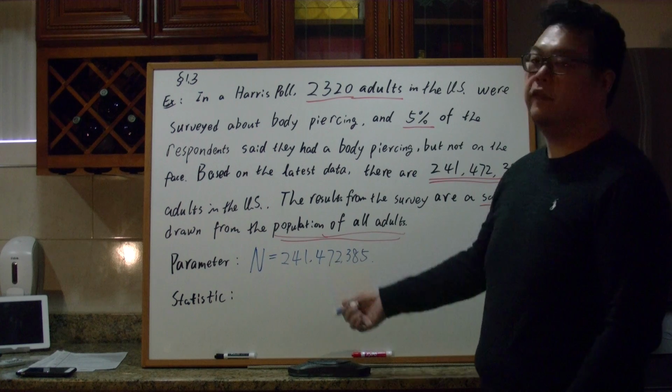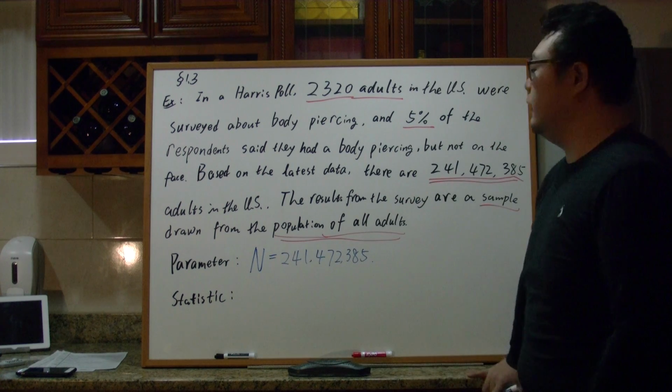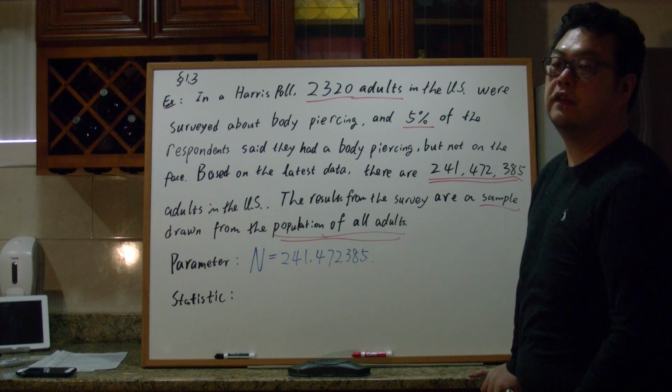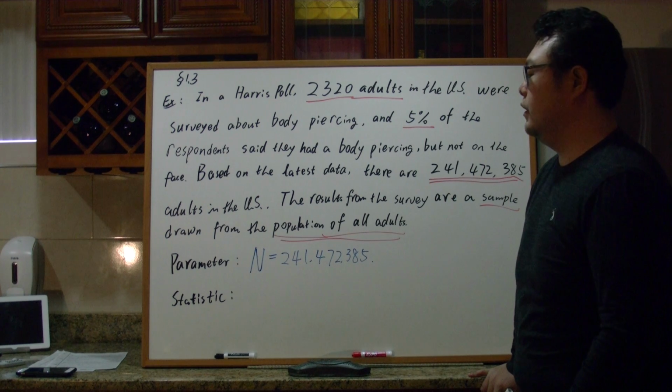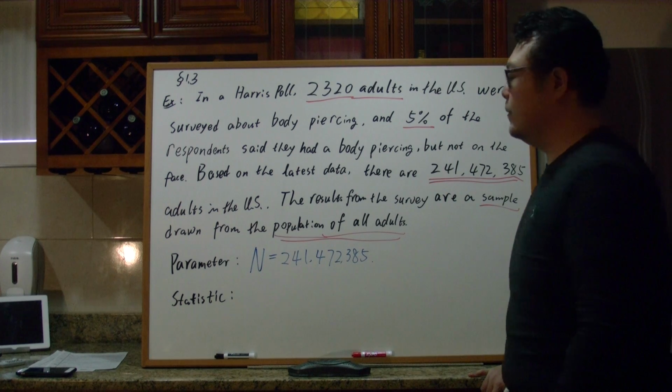This capital N refers to the size of the population, which the question clearly defines: 241,472,385 adults in the United States. So that size is the population parameter.